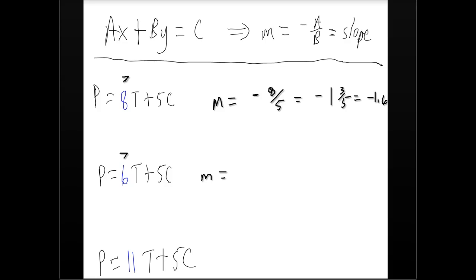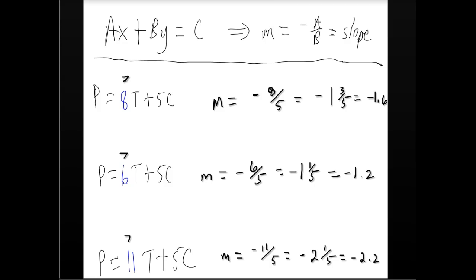Then we started at 7 and went down $1, so now this is negative 6/5, which is negative 1 1/5, and 1/5 is just 0.2. So that's where the negative 1.2 comes from that I was talking about earlier. If we go from 7 up to $11, then the slope is now negative 11/5, which is negative 2 1/5, which is negative 2.2, because 1/5 on its own is just 0.2. So that's how we get that slope.